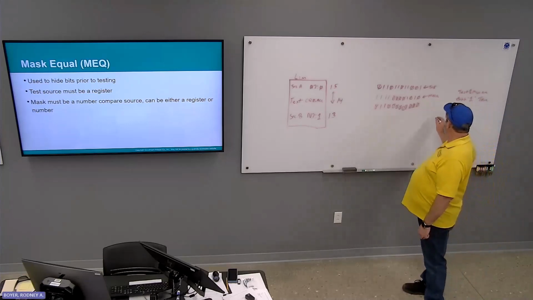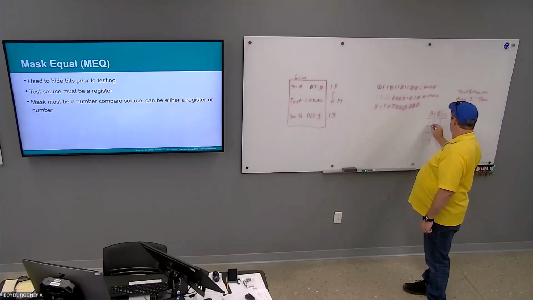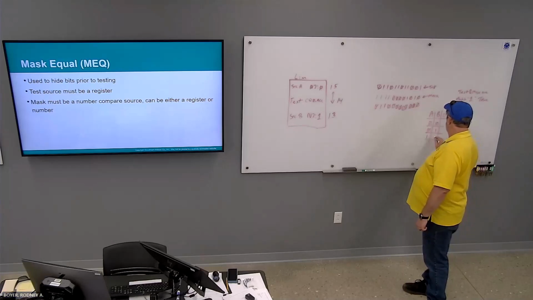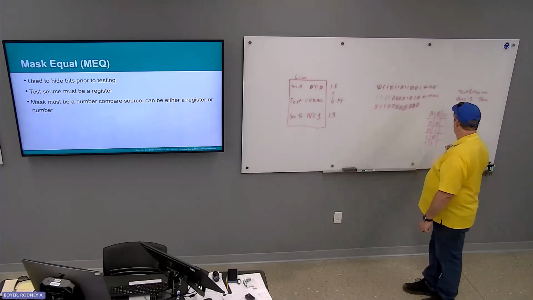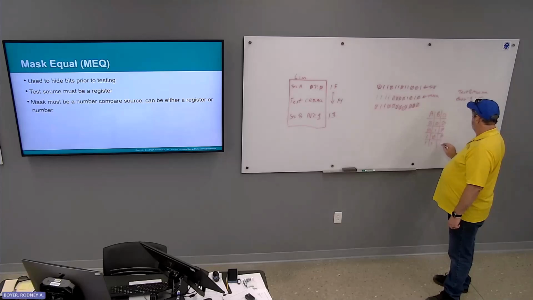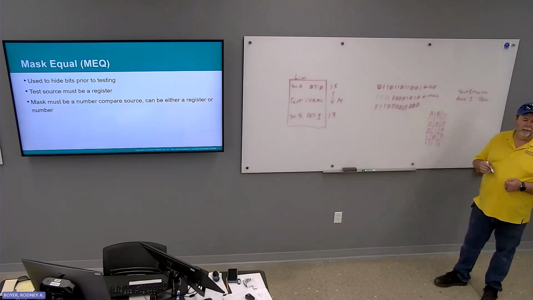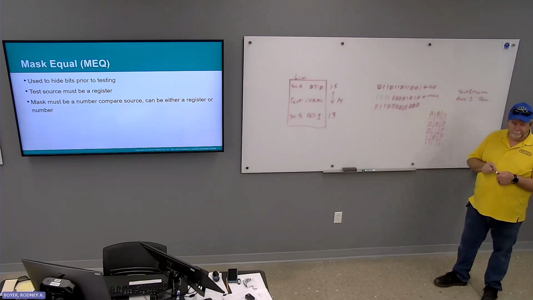Basic AND truth table. Both A and B have to be one in order to get one out of them. Remember that.